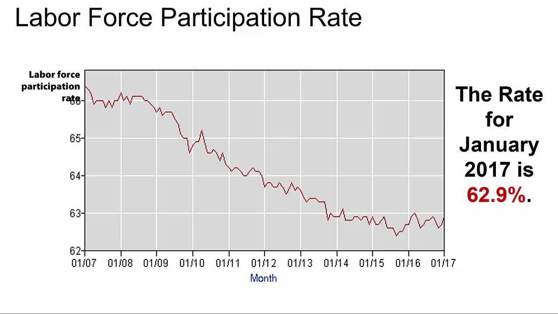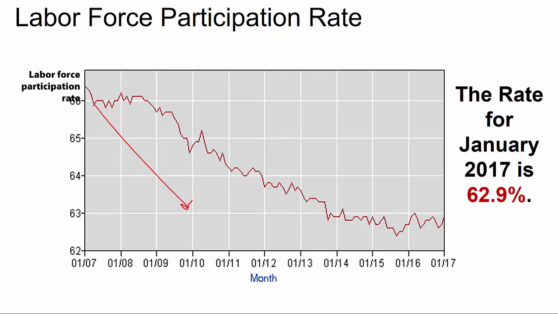Now, this labor force participation rate thing is kind of important. Okay, it's not as important to us as the unemployment rate, but it's still important because it's a measure of what's going on in the economy. All right. If you look at this chart here, it's showing that the labor force participation rate has dropped drastically. It's gone down by about 4% over the last 10 years. And some of the reasons could be you have more people retiring, okay, and then fewer people replacing them in the labor force.